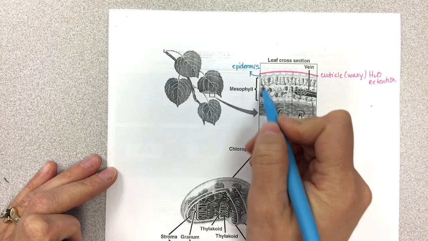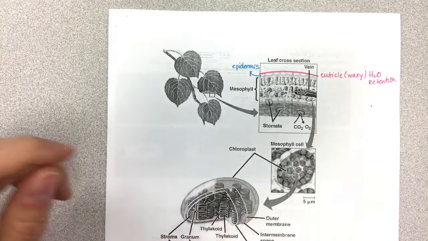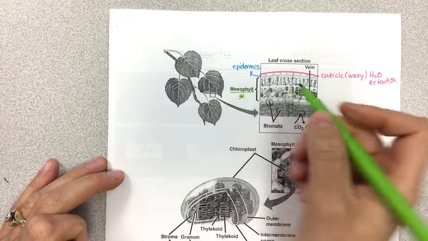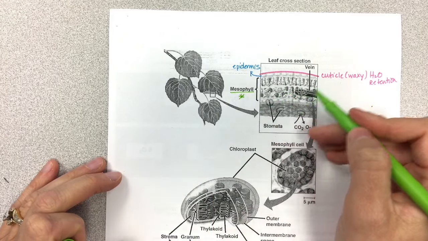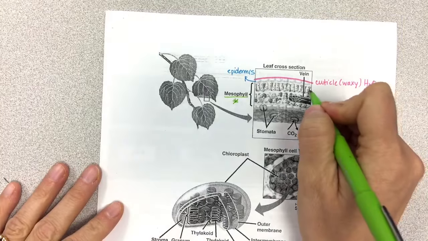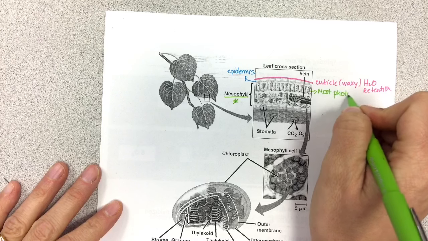And then underneath here is that mesophyll layer that we're talking about. So the mesophyll layer, I'll put this in green, is where the photosynthetic cells are. This is where most photosynthesis occurs.